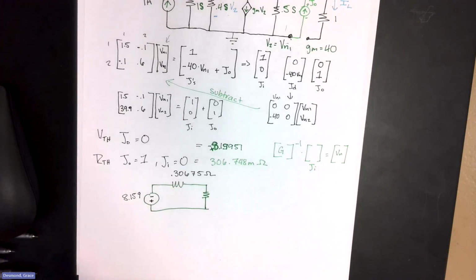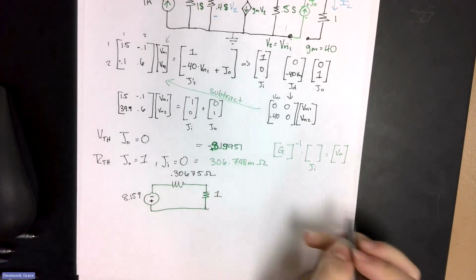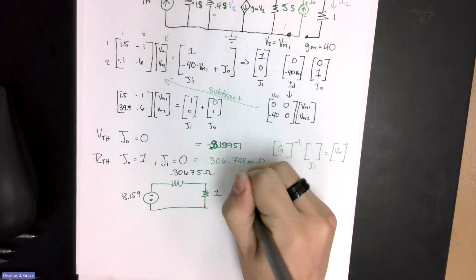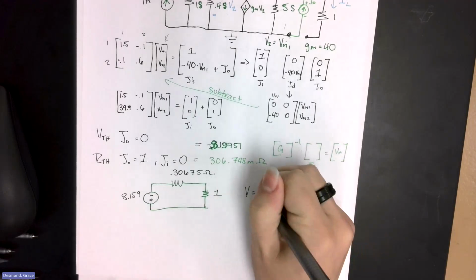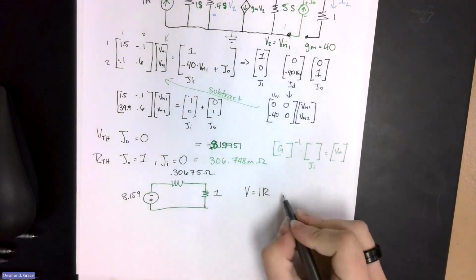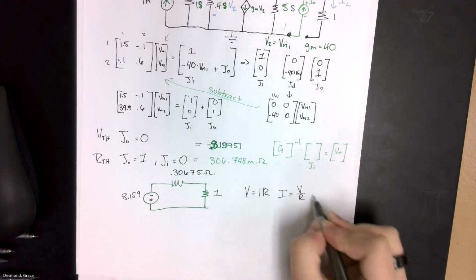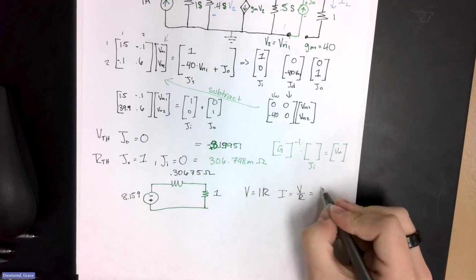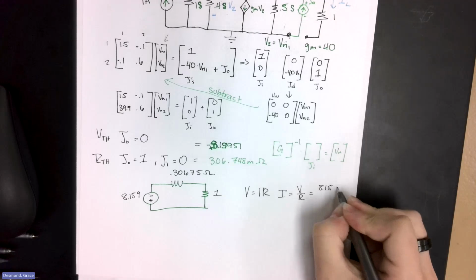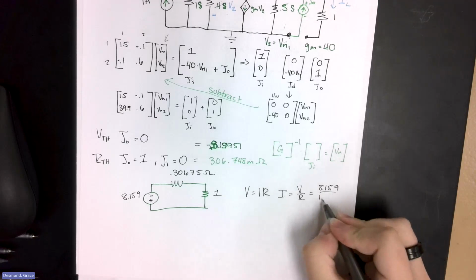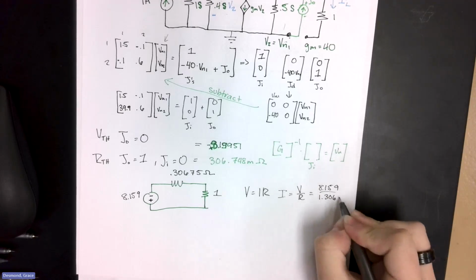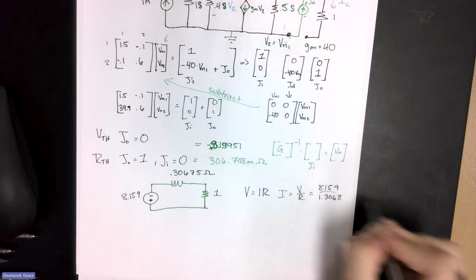And the only other step is we have 1 ohms because that's what it said. And now we just use our lovely Ohm's law, where the current is equal to V over R, which is equal to 8.159 divided by 1.3068.